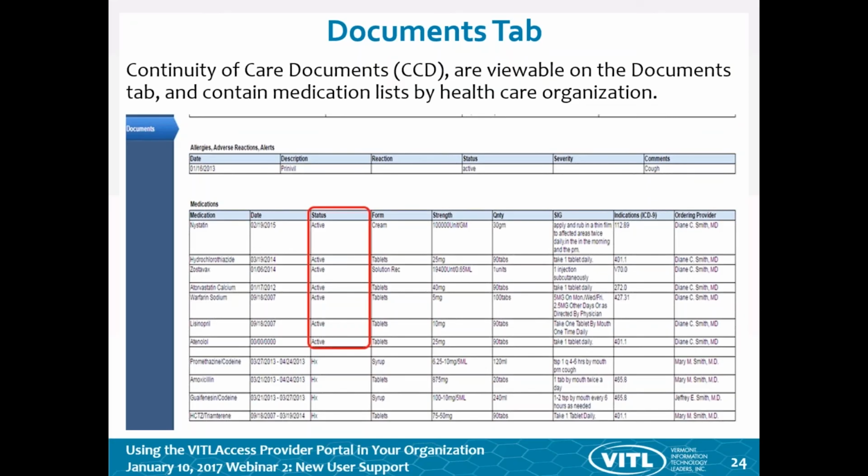Filled medications can be viewed from the Medications tab, and the CCD can be found in the Documents tab, displaying a primary care provider's or specialist's medication list, helping with viewing their medications, either prescribed or filled. This will help with the reconcile process.